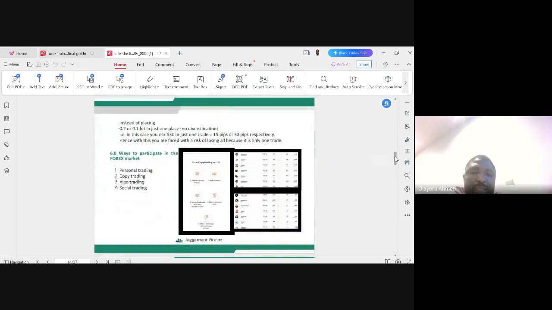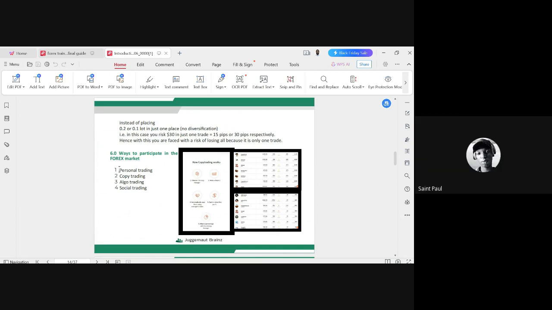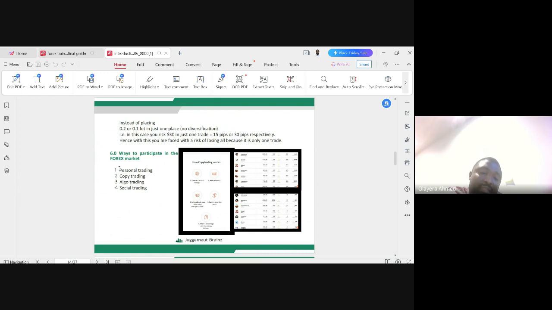So, ways to participate in the forex market: we have personal trading, copy trading, algo trading, social trading, right? Personal trading means you are trading for yourself. Copy trading means you are copying expert traders, other people's trades. There are technologies in the market that allow you to copy other people's trades.